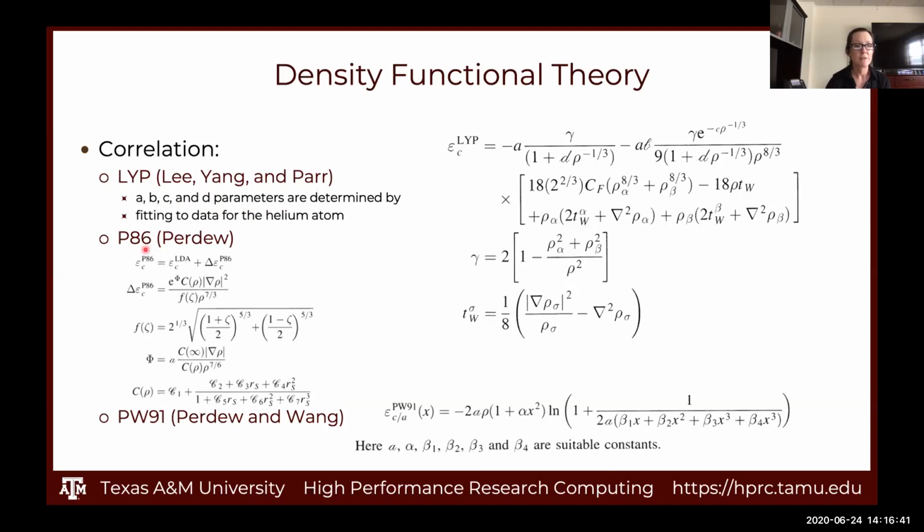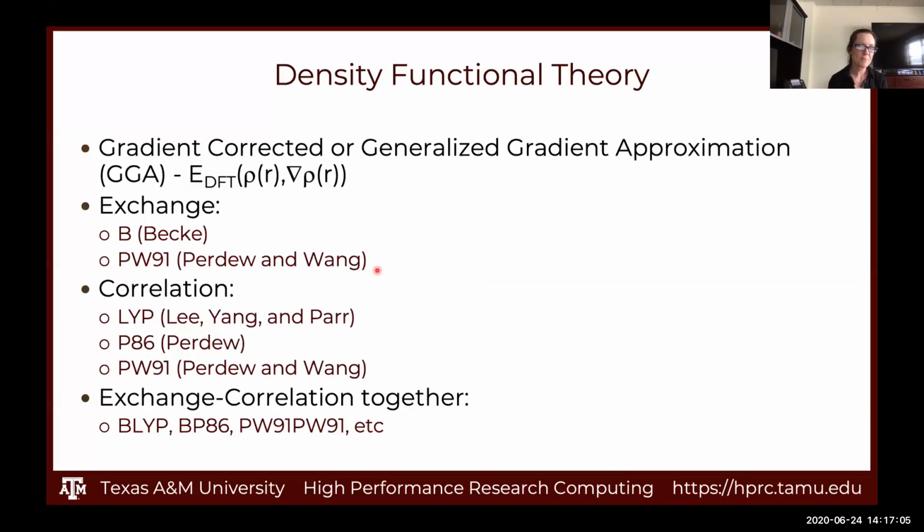Another one that you'll still see quite a bit is P86, developed by Perdew in 1986, and PW91 for these correlation terms. Okay, so it's very common to have an exchange component and then also a correlation component. Now, theoretically, you can mix and match them, but some go better together than others.